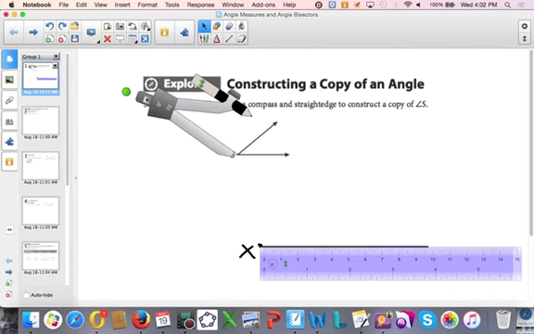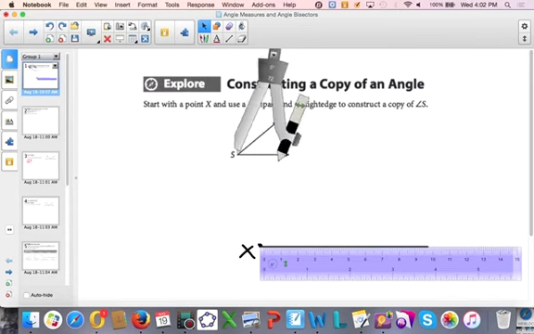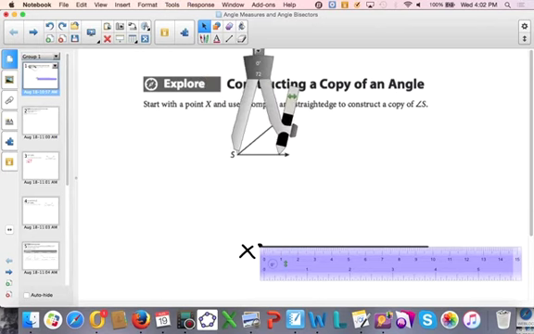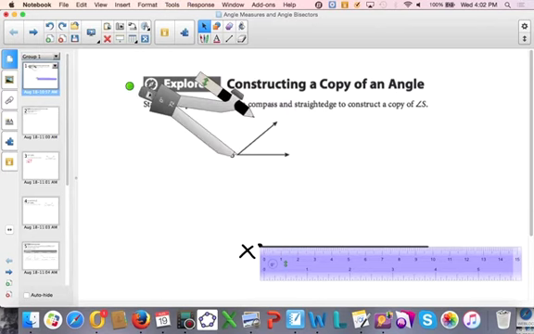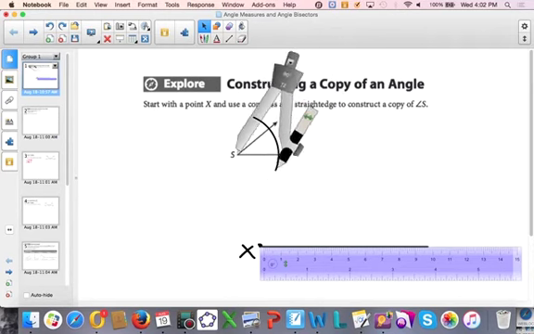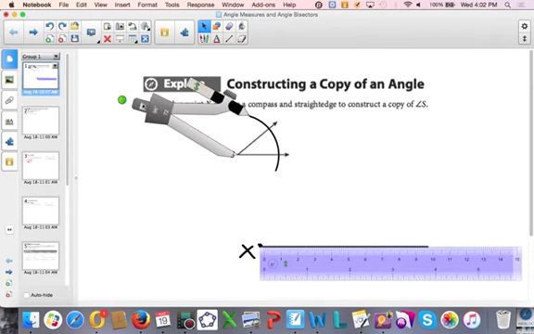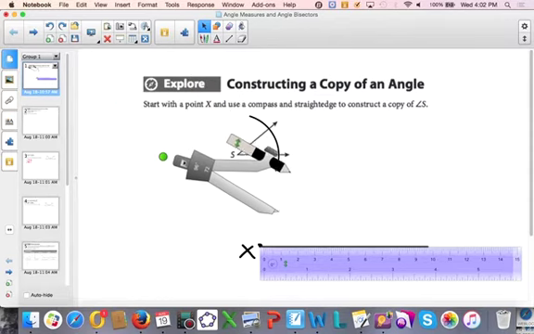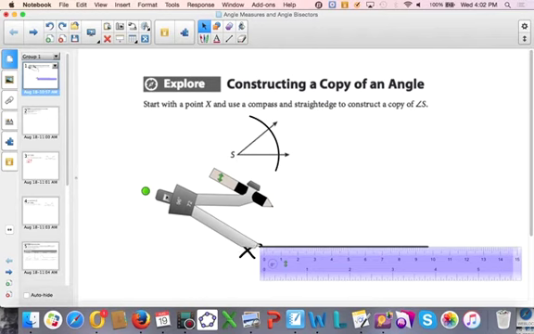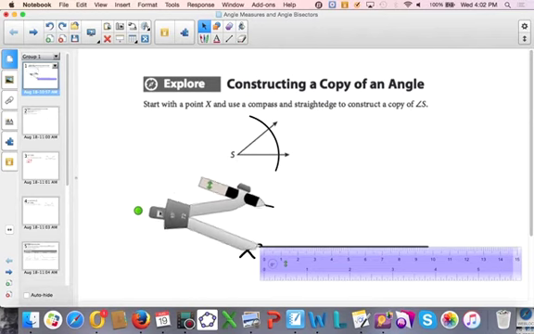Okay, so I'm going to squeeze this in just a little bit more, and now I see that I will make a marking on those angles, so that's good. So I'm going to go ahead and make my arc crossing through that angle. And then I take my compass now and duplicate that arc at the copy location.